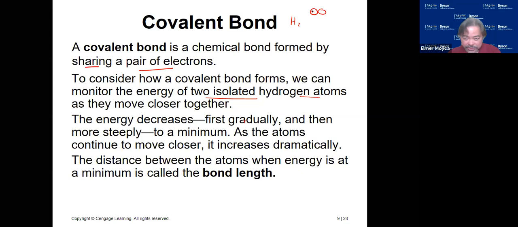Maybe we can put there the nucleus that they have. The energy decreases first gradually and then more steeply to a minimum. As the atoms continue to move closer, it increases dramatically. So you have to look at the distance between the atoms when energy is at a minimum.